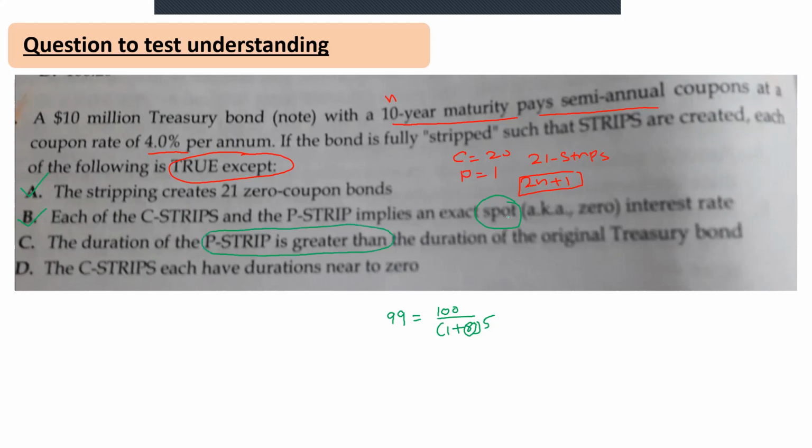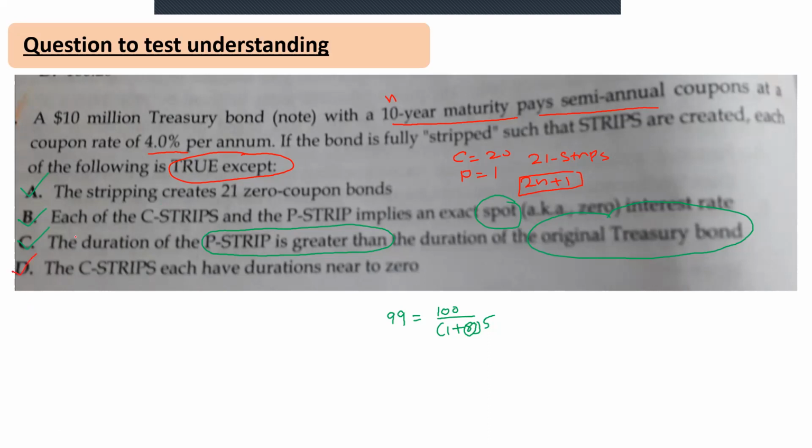In your original treasury bond, you get some coupon in between, so the duration of that bond is slightly lesser than your P strip. See, a zero coupon bond will always have a higher duration, which will be equal to maturity. So this one is also right. All three options are right. So the last remaining option would be the answer that we are looking for.